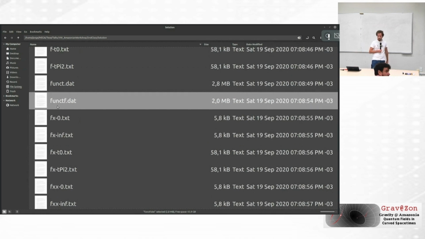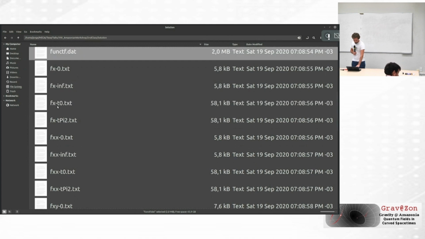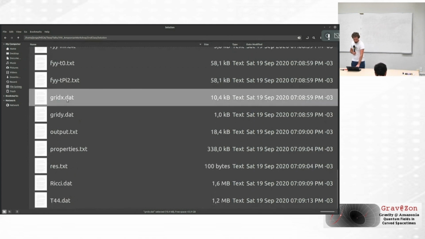Then there's also this funstf data file, which basically has all the functions computed at all the grid points. So all the information for the functions is in this file, and you will see that it will be important. Then you also have the grid, in the radial direction and in the theta direction.